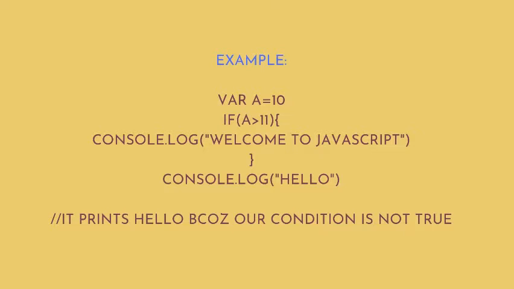Otherwise, we can go out of the block and execute hello. Now you have to observe a is 10, and 10 is greater than 11, that is not true. So this condition does not work. Only this hello will print here.